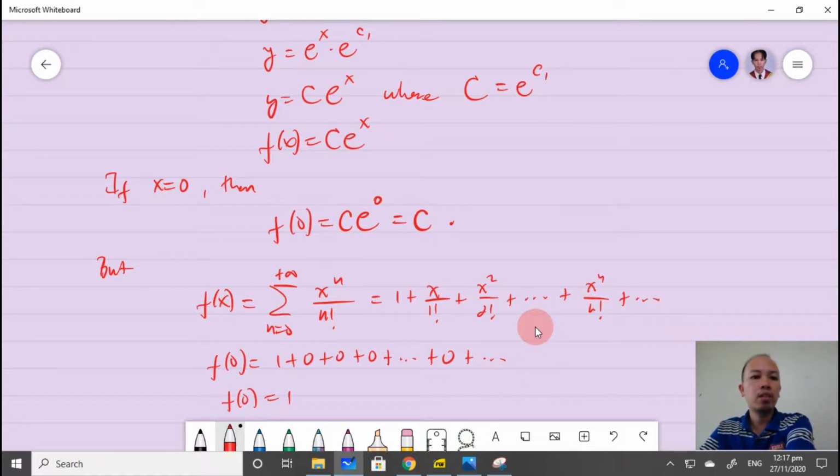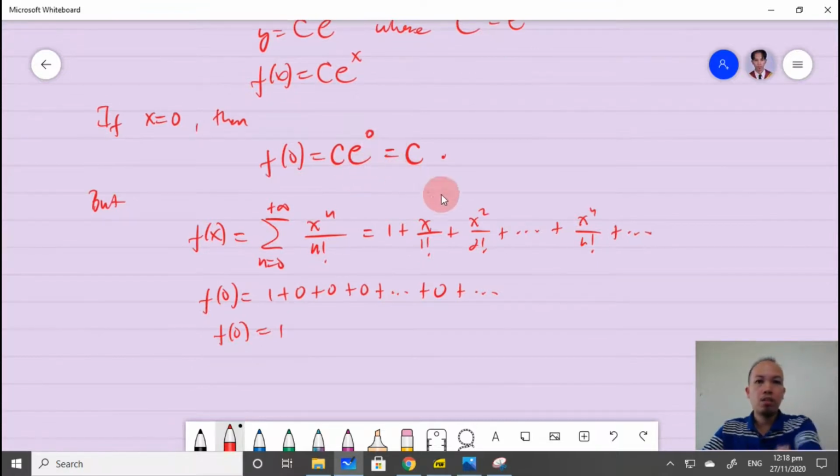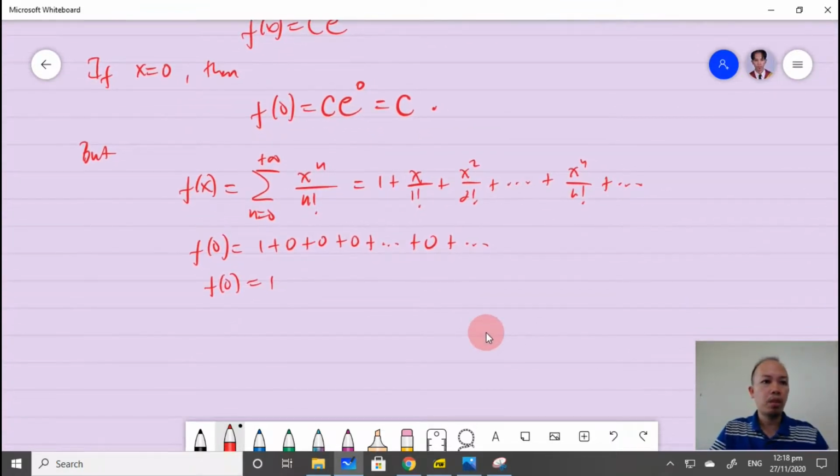So let's move this upward. This equation here, we will substitute it into the expression above. So this implies that C is equal to 1.